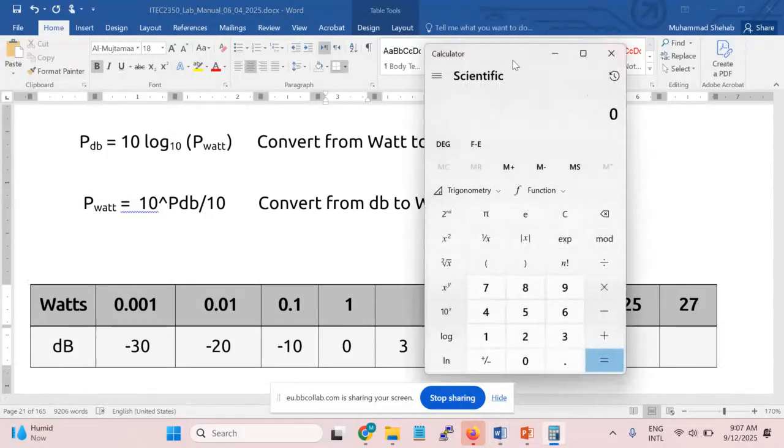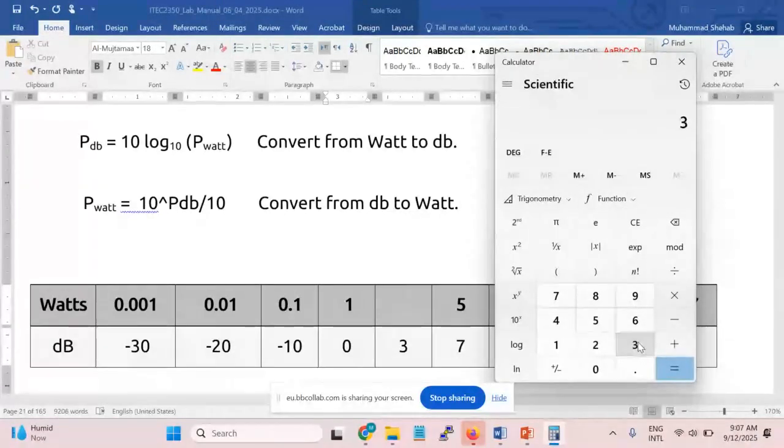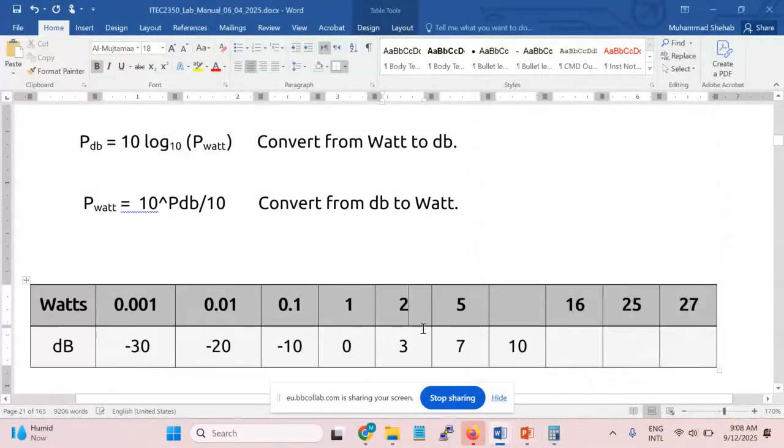Let us calculate. 3 in dB, how much does it equal in watt? 3 divided by 10 is 0.3. 10 power 0.3 equals 2. So here I have 0 dB, I got 1 in watt.